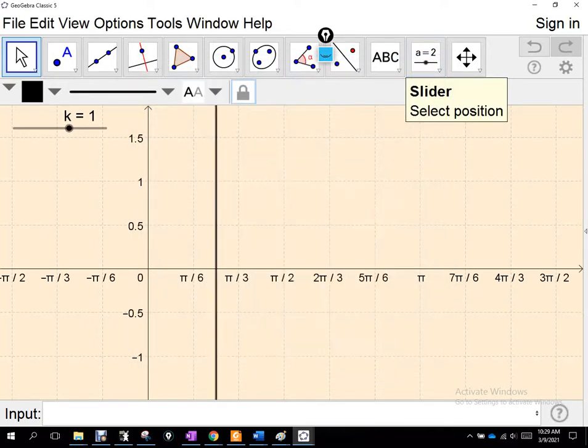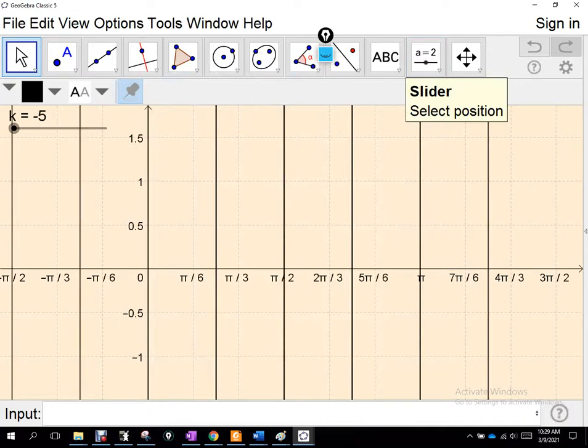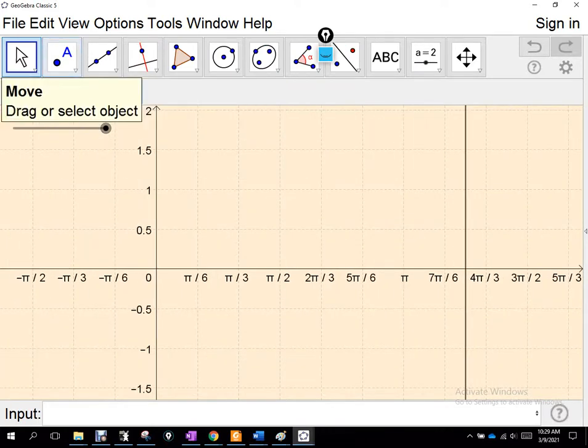And if I trace this, all of those lines would be the pi over 4s. That kind of makes sense? And you can see that the pi over 4 is halfway between pi over 6 and pi over 3, because 45 degrees is 15 degrees from 30 and 15 degrees from 60. So that's that relationship there.